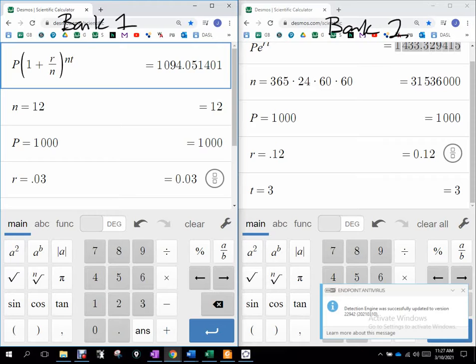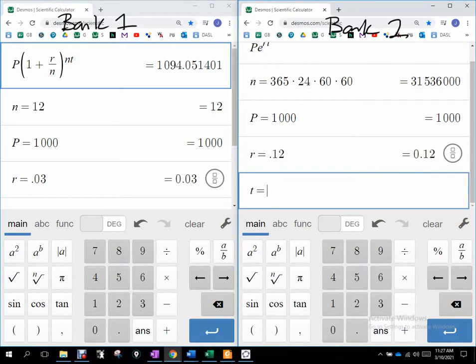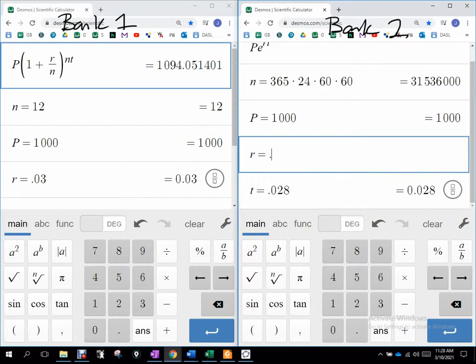Bank two says, well, we can't offer a 3% interest rate. 3% is way too much for us. But maybe they can offer 2.8. Now, because we're compounding this, oh, I put the wrong number.